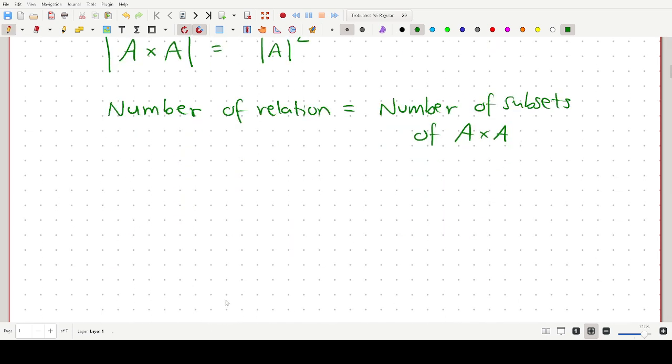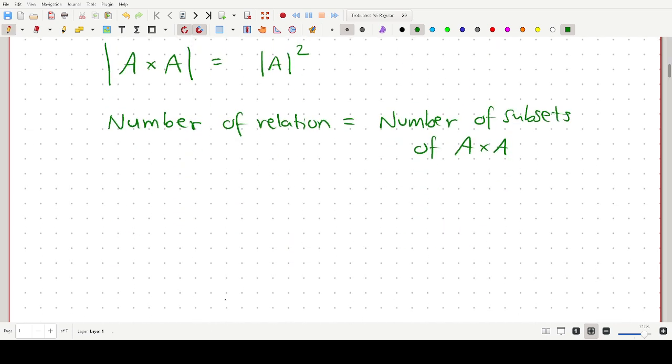And we know that the number of subsets of a particular set is equal to 2 raised to the power of the number of elements in the set that we are considering.